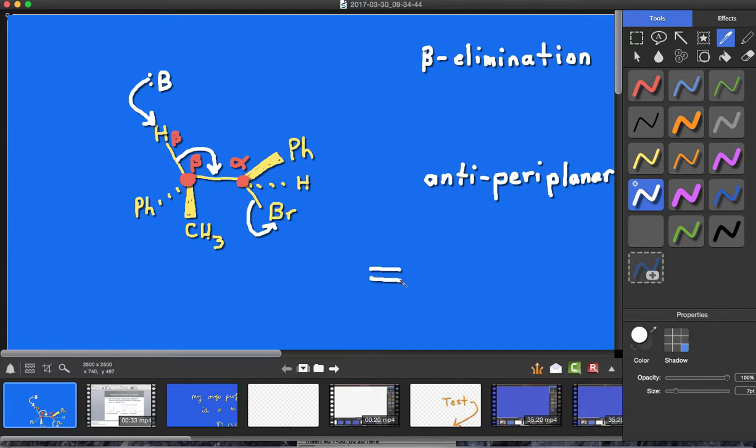In this case, we're going to have the trans. From a practical standpoint, the methyl group is coming out, the phenyl group is coming out, therefore the methyl and the phenyl have to be on the same side of the pi bond. The phenyl group is going in, the hydrogen is going in, so the phenyl and the hydrogen must be on the same side of the pi bond. This is an E alkene.